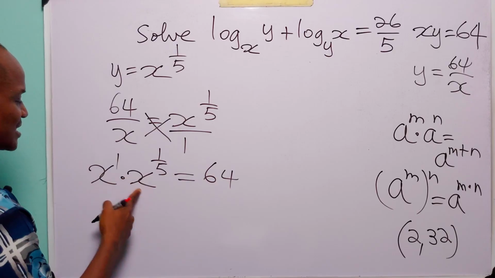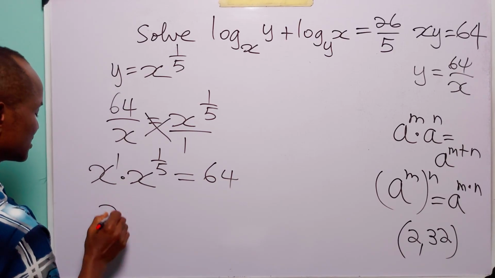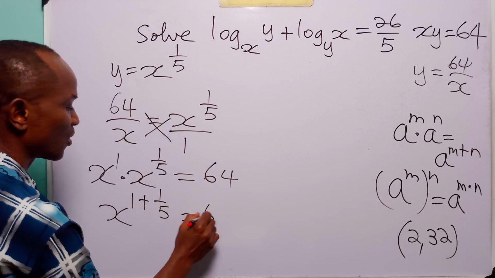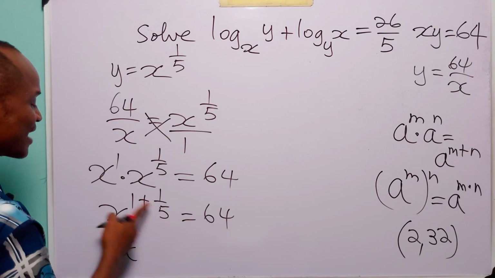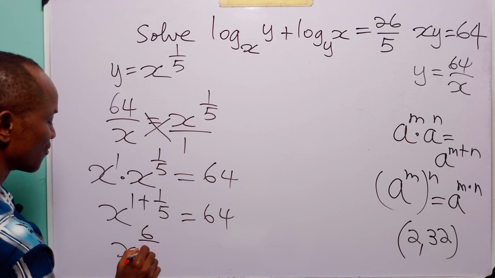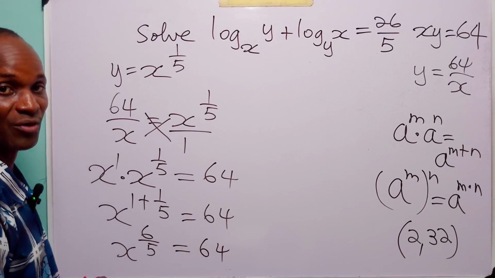Once more, we have the same basis, so we simply add the exponents. So this is x to the power 1 plus 1 over 5 is equal to 64. This is x to the power 5 times 1 is 5 plus 1. This is 6 over 5, and this is equal to 64.